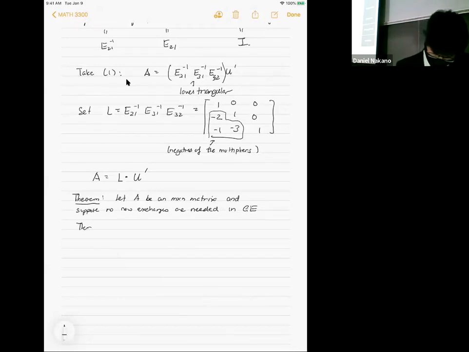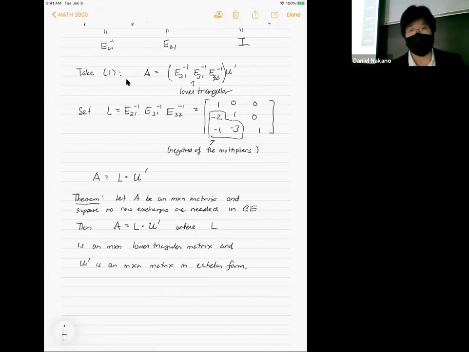So that A is going to be equal to L times U prime, where L is an n by n lower triangular matrix, and U prime is an n by n matrix in echelon form, not reduced echelon form, just echelon form. Okay, so this example illustrates how to do that.